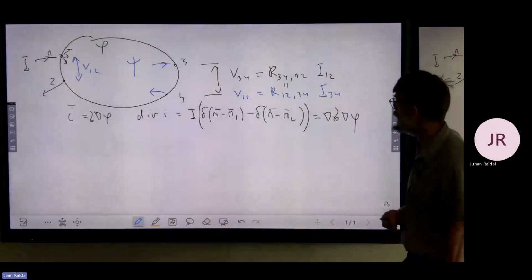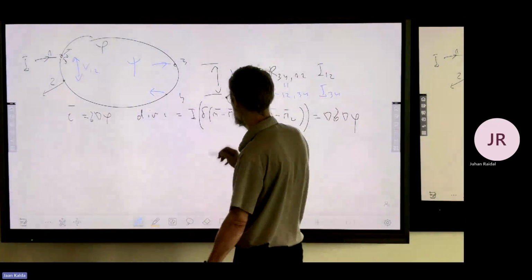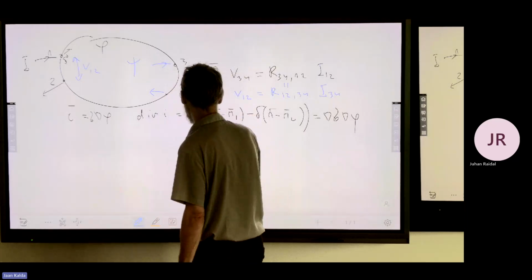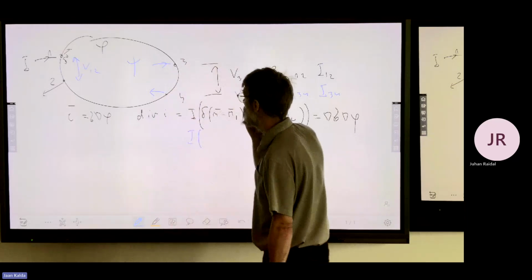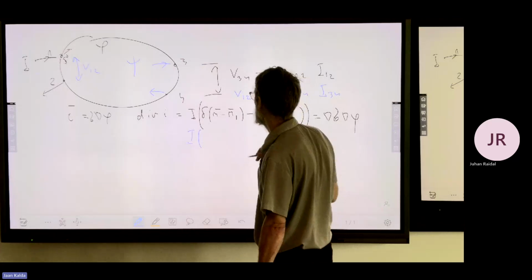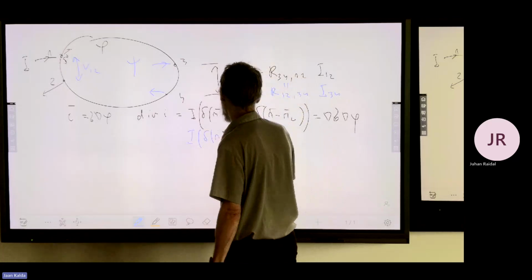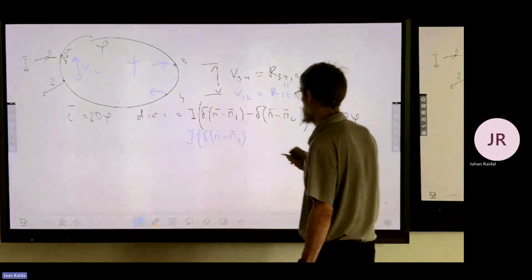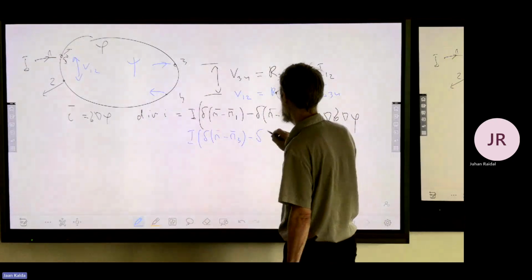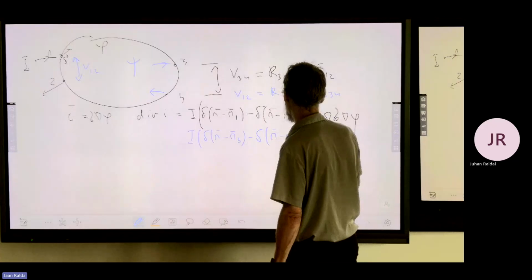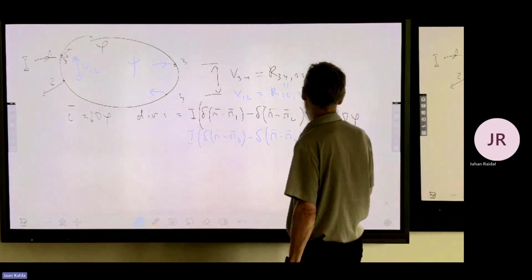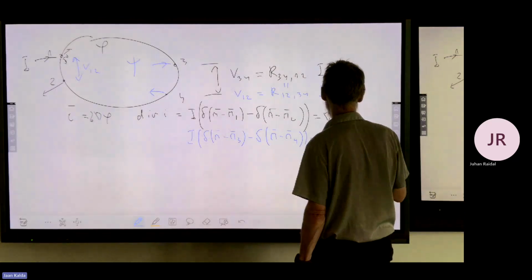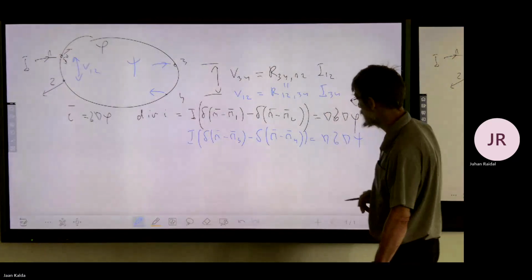And by similarity, we can now immediately write another equation for the second case, which is J, with the Dirac delta function of R minus R3 minus the Dirac delta function of R minus R4, and this is the divergence of sigma gradient of psi.